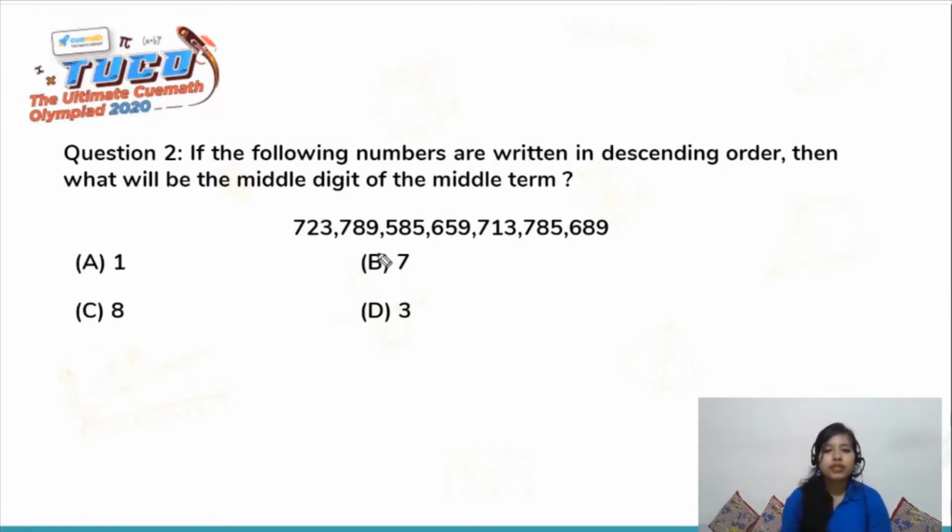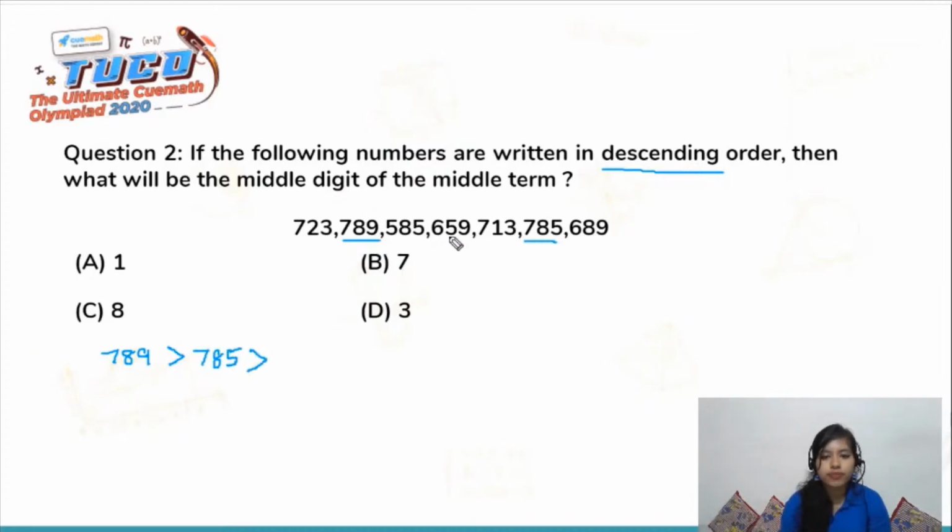Let's see. So here, if you notice, we have a certain set of numbers given, and we are first of all going to arrange them in descending order. That's the first work to be done. Okay. So the first number, if you see here, is 789, and then we have 785. So let me write it down here.